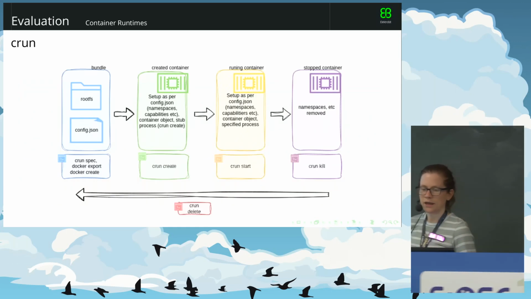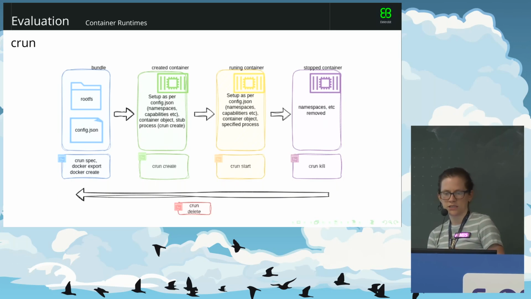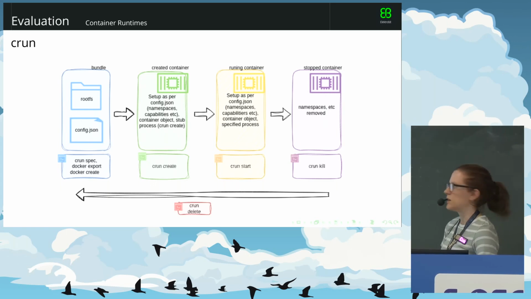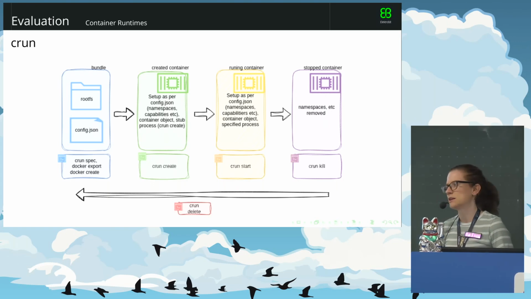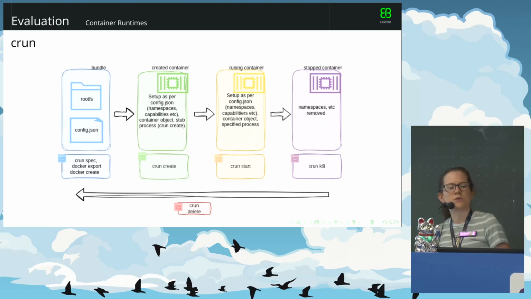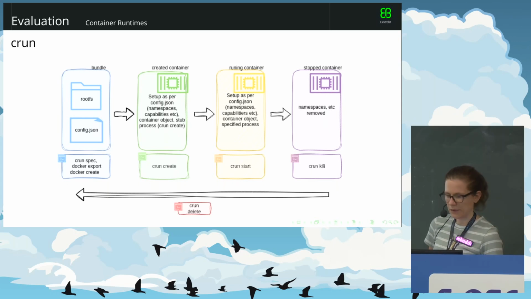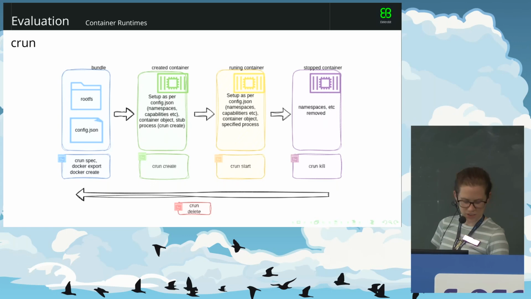But first, we had the point, okay, crun is a drop-in replacement. And if you now just remove crun in this slide and place runc there, you will have the slide that we had before again. The only difference is that no explicit stub process will be created by crun. It will just still be the crun create process, but from a functional point of view, I don't see any further difference if you consider those steps in this kind of layer of abstraction.